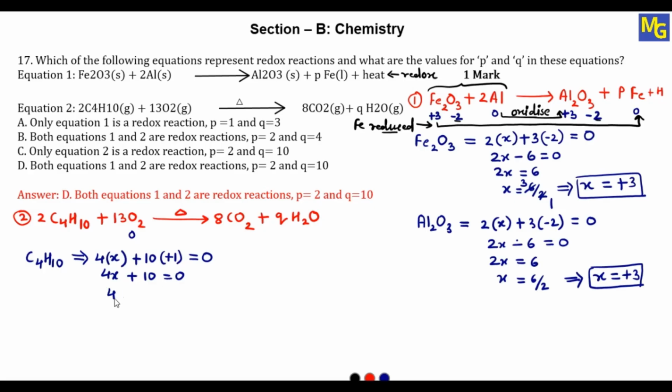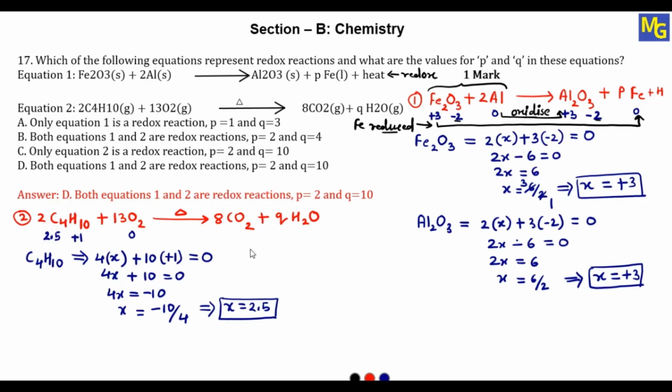Then 4x, shift 10 to that side, so it will be minus 10. x as it is, minus 10 divided by 4. So here what we will get, if you divide this, the x value we will get is 2.5. 4 twos are 8, again 2 will remain, then 4 fives are 20. So here we got 2.5, so I will write here 2.5 for carbon, and for hydrogen it is plus 1.